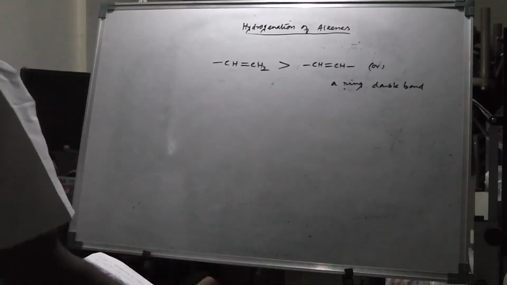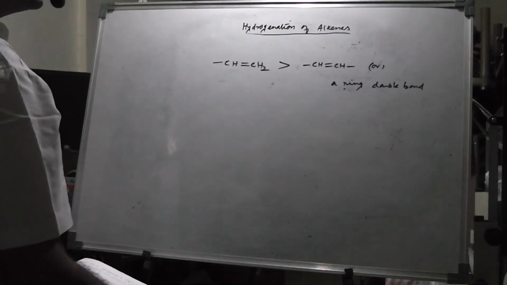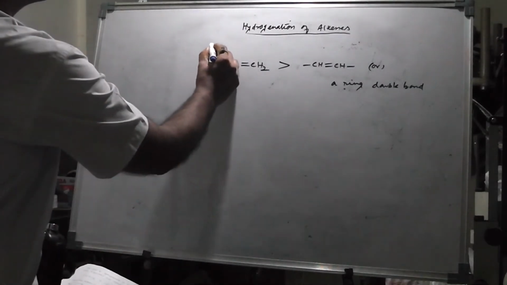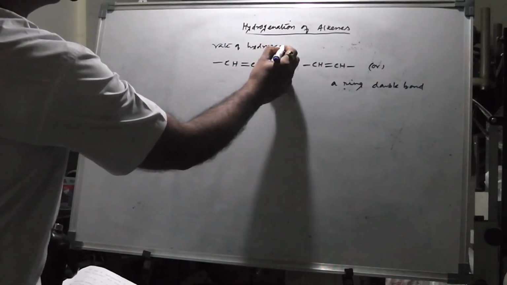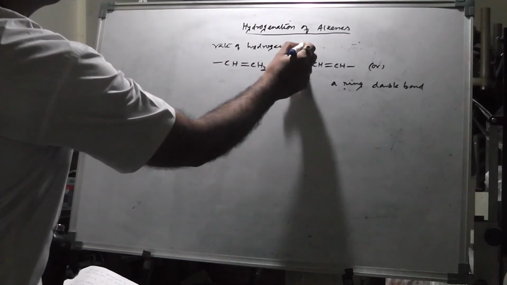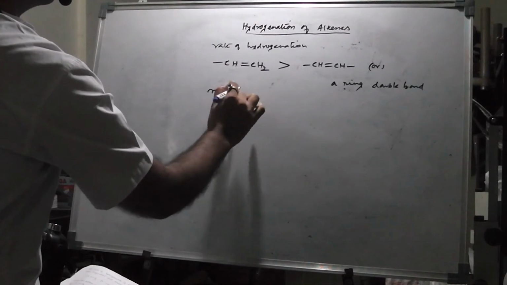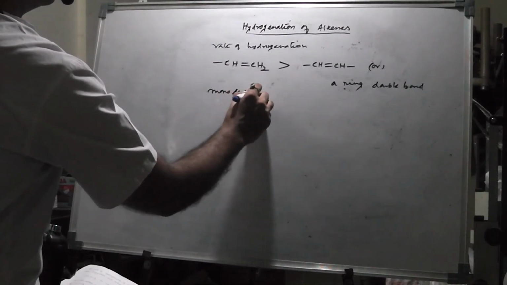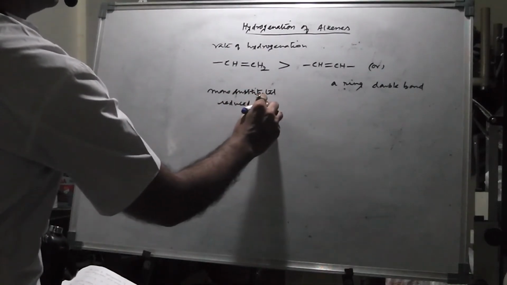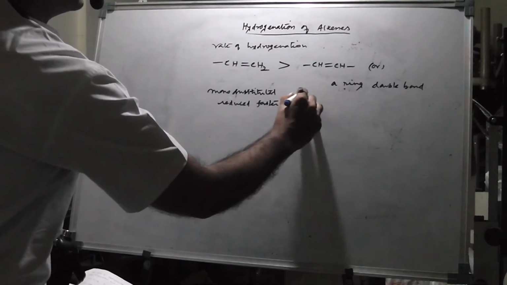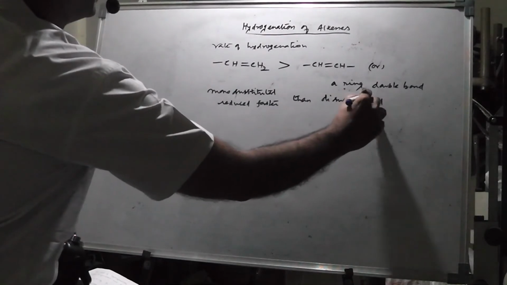A ring double bond is also equivalent to a disubstituted alkene. So a monosubstituted alkene is reduced faster than a disubstituted or a ring double bond.